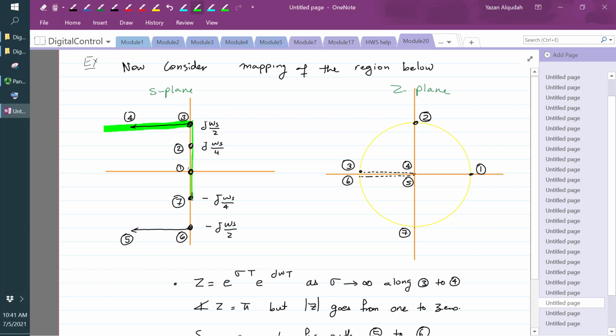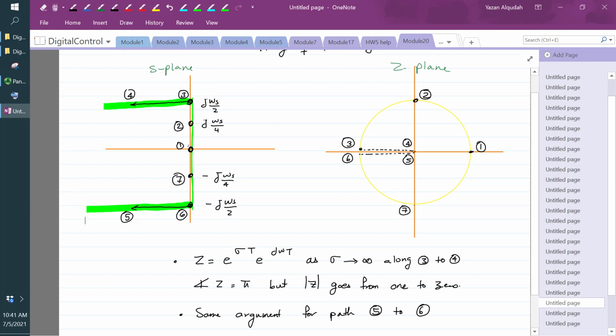into the z-plane, or these lines. If I look here, we know that the origin is going to map into 1. We showed it just before. j omega s over 2, this point here, is going to map into 3. We just showed it before. Negative j omega s over 2 is going to map into 6.